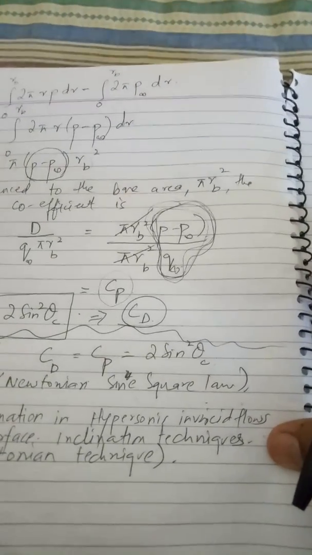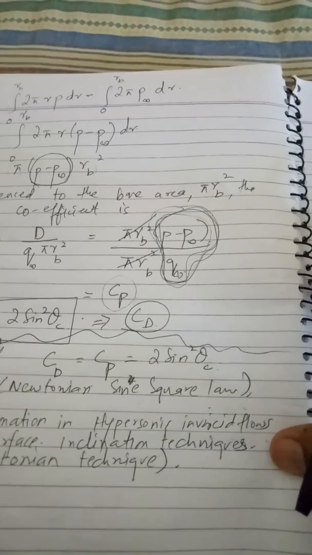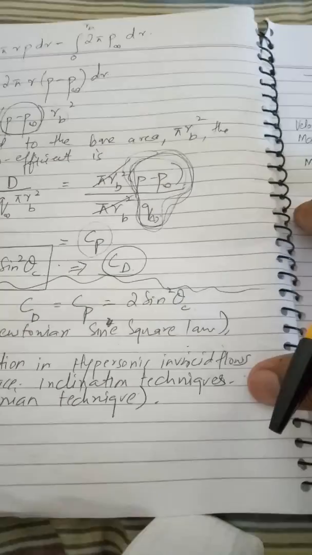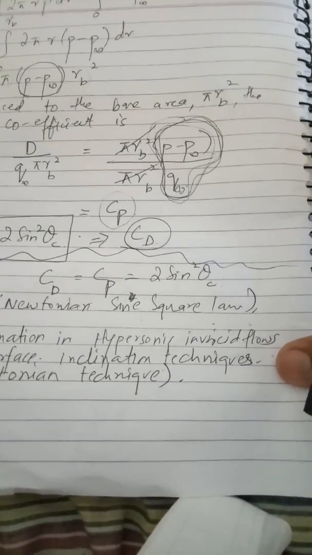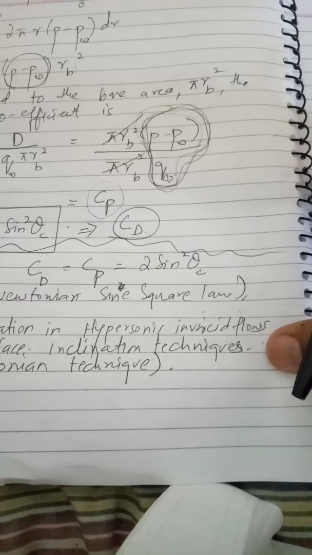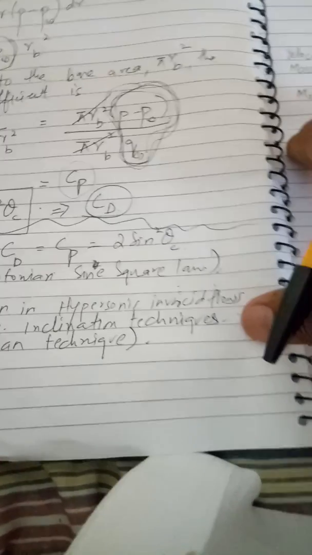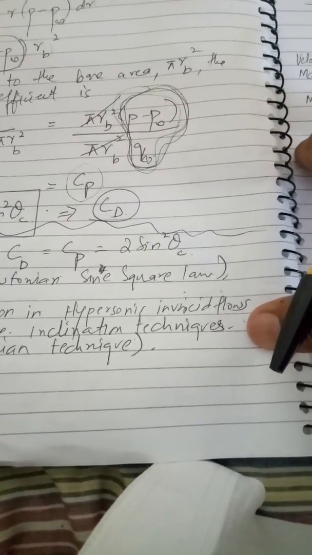We applied the integral from 0 to RB, getting it in terms of the difference, converting it into the parts, where the coefficient of pressure will be equal to this drag, and we have got the coefficient of drag as well. So I've applied the example as well.